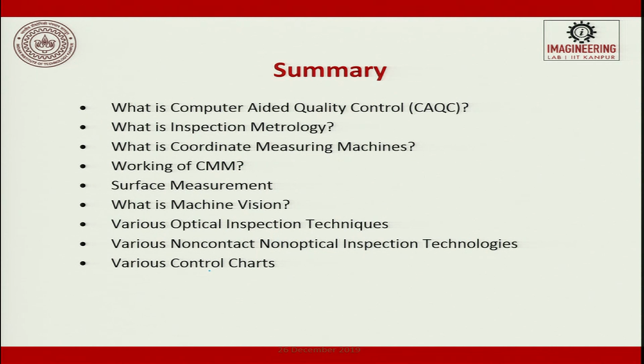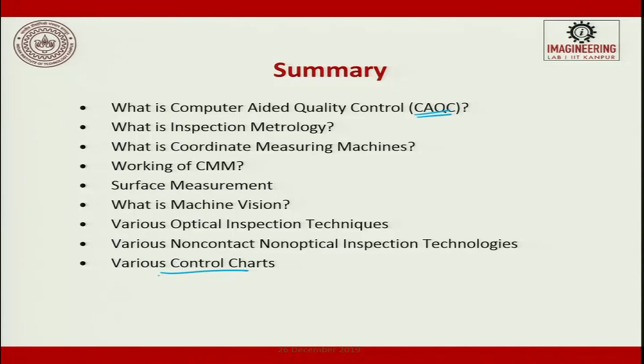All these things we have studied under the topic of computer aided quality control. Today, statistical process control or statistical analysis is exhaustively used to evaluate the process, wherein we use various control charts to acquire the data, store and keep the data. So, thank you.